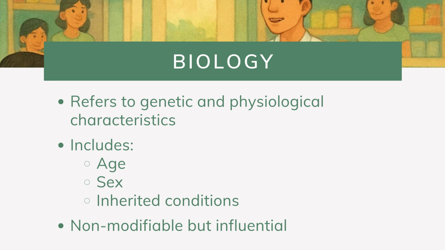While we cannot change biology, as nurses, we need to consider it when planning care. For example, knowing that elderly clients are more likely to experience adverse drug reactions means we monitor them more closely during treatment.